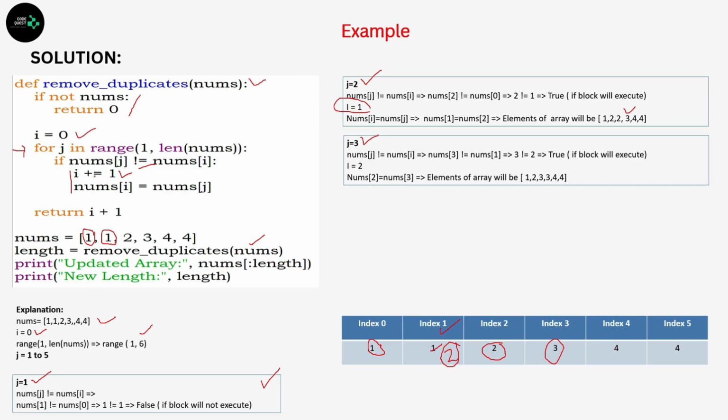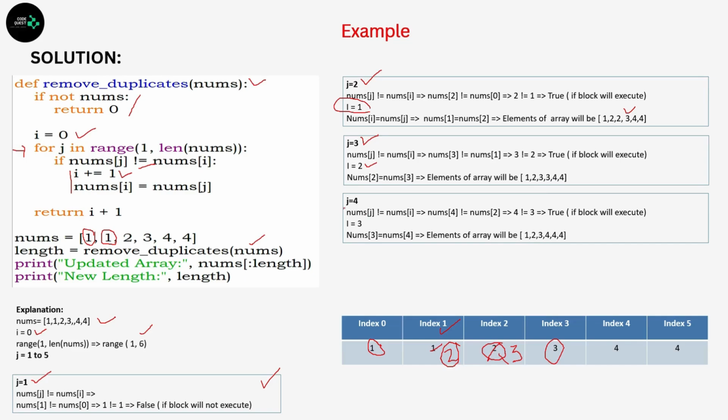As a result of this, again these two lines will execute, whereas this I becomes your 2, and coming to this assignment, nums of I means nums of 2. So the element at index 2 is assigned with nums of 3. What is nums of 3? It is 3. So this 2 has been replaced with 3. As a result, by the end of this iteration, my array has 1, 2, 3, 3, 4, 4. That is what we have got here.